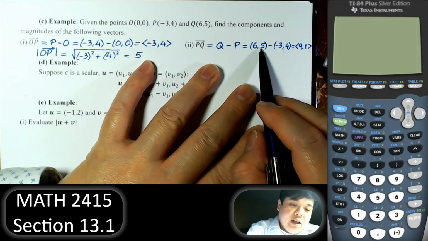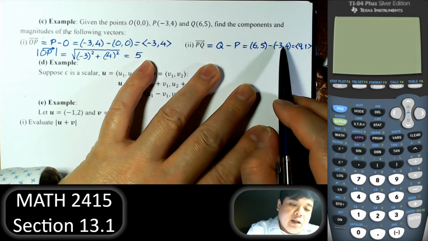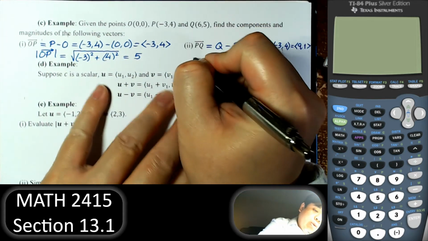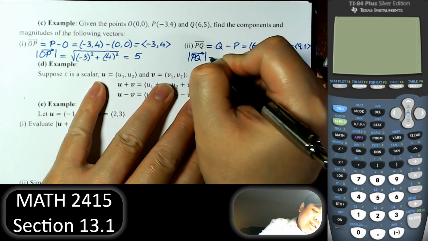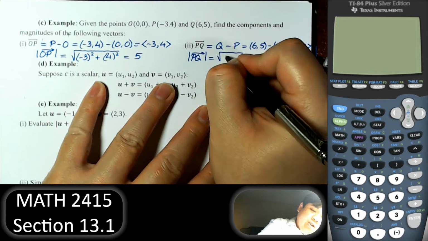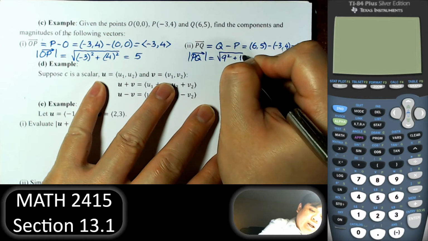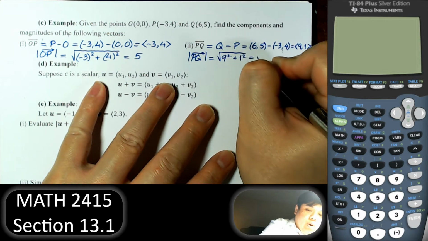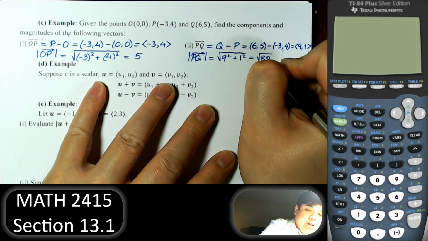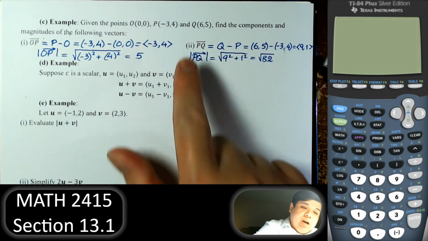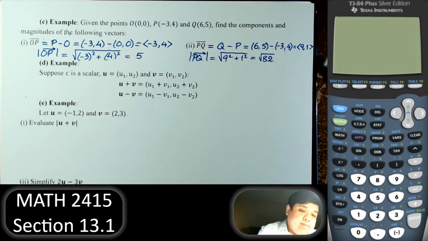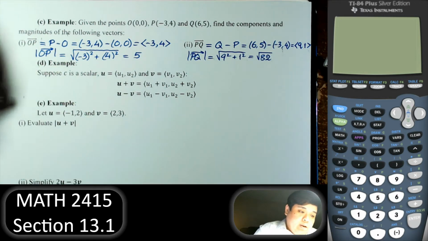So 9 and 1. So if we want the magnitude, I just use 1 bar and 9 squared plus 1 squared, square root of 82. Right. So PQ, Q minus P. Right. Just like that.